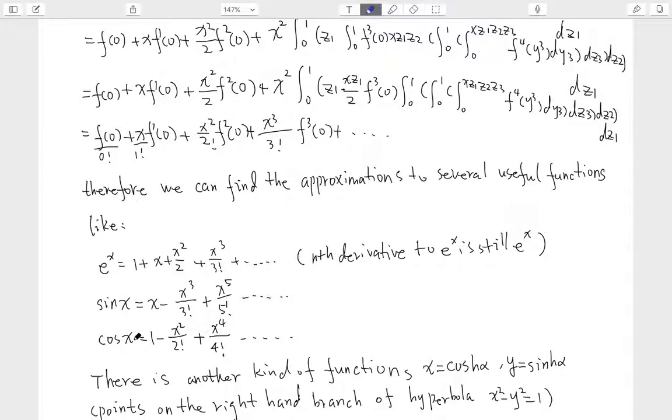Here I will just say a little bit more on sine x. You can see that when x is equal to 0, sine x is also equal to 0. So the first term, f(0), vanishes. And the second term is x times the first derivative of f at 0. Since sine x, when you take the first derivative, becomes cosine x, and when x is equal to 0, cosine x is equal to 1, the first term of sine x is just x.